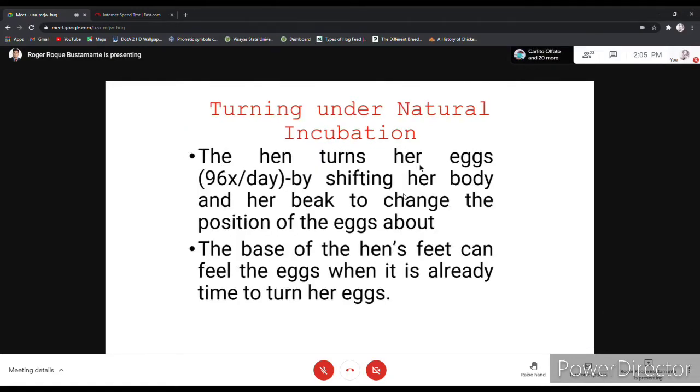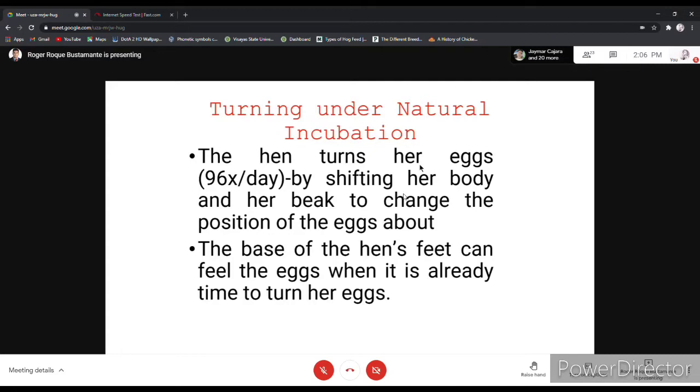Hens can turn their eggs 96 times a day by shifting their body and beak to change the position of the egg. Chickens have this instinct, a motherly instinct, by which they can determine which egg was not turned that day.